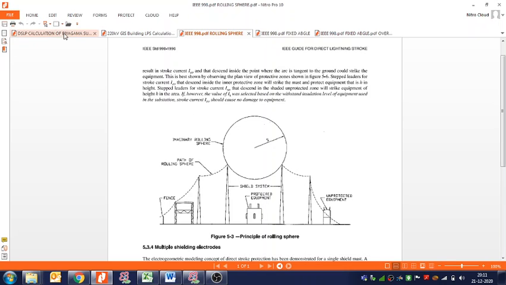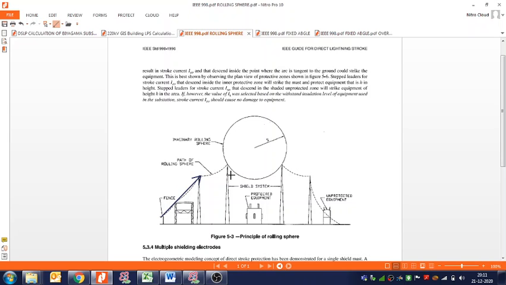So we roll this rolling sphere on the substation and through the shielding electrodes. And we say that whatever the area coming below that sphere, it will be protected from the lightning.